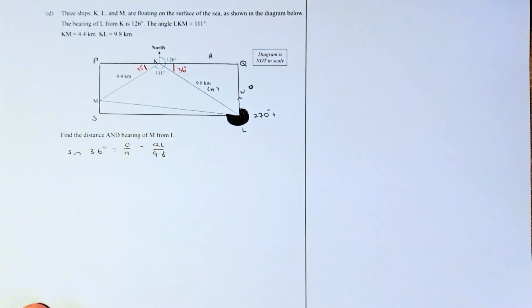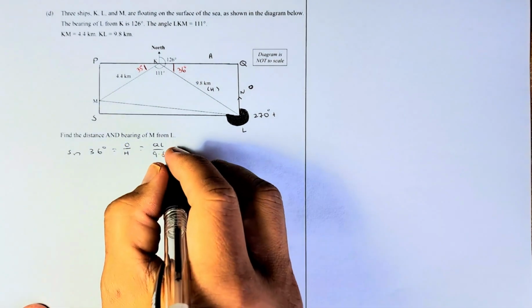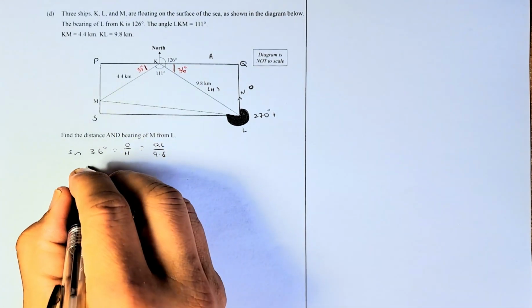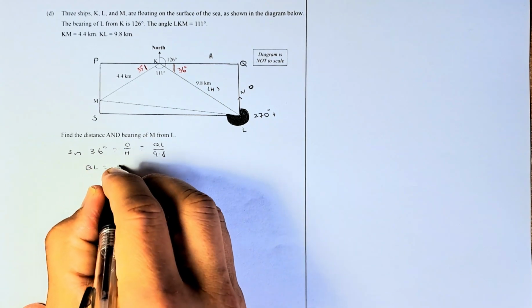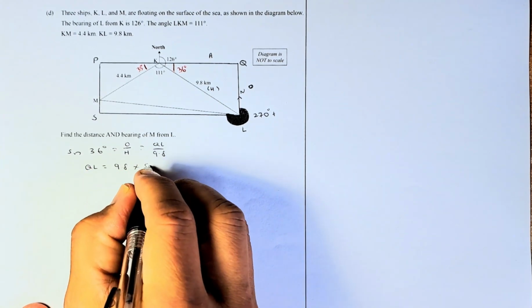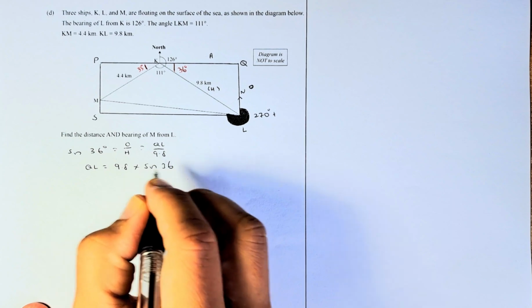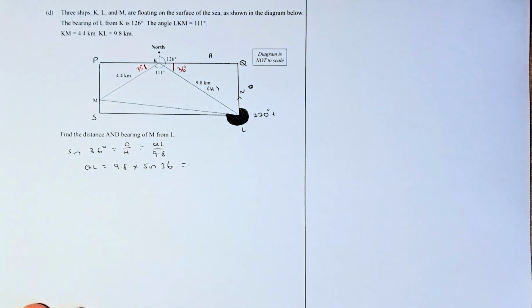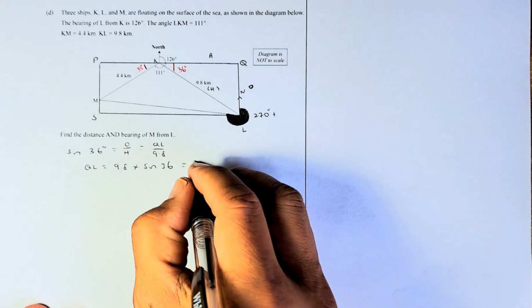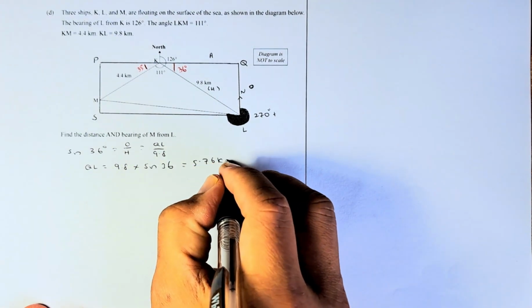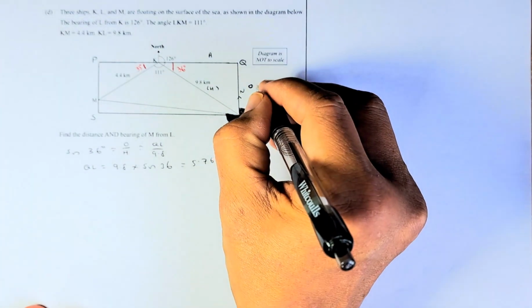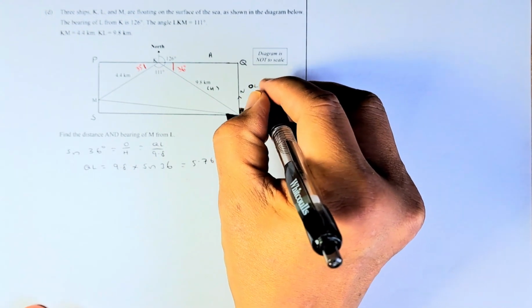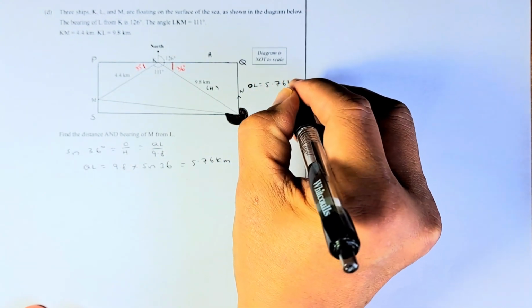Multiply by 9.8 on both sides, so QL equals 9.8 multiplied by sine 36. Put in your calculator, QL is 5.76 km.